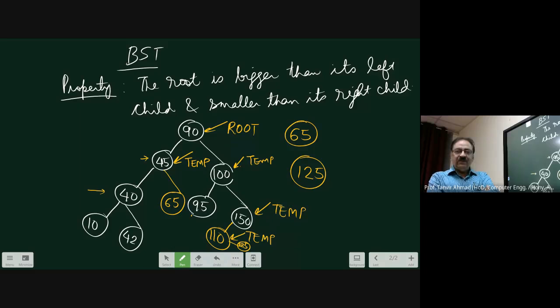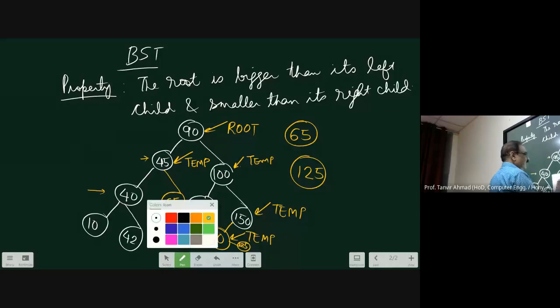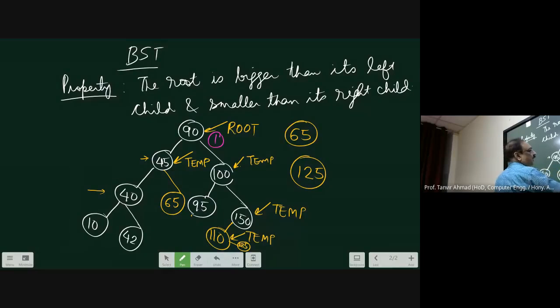Now the question is, how many times have you searched? You searched one time here, second time at this place, third time at this place, and fourth time at this place.